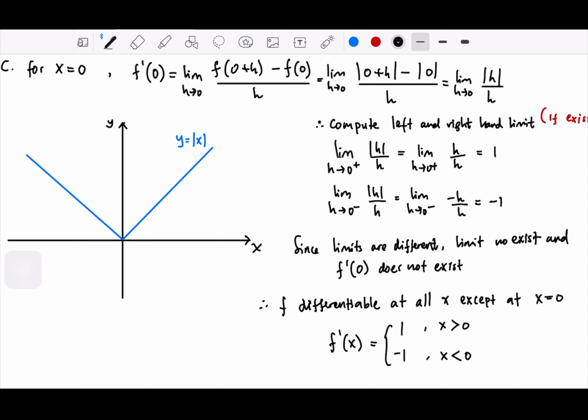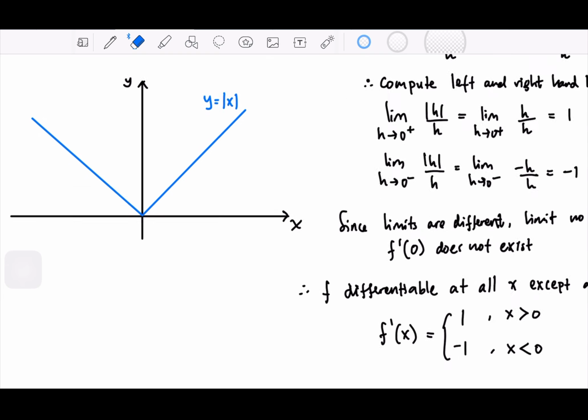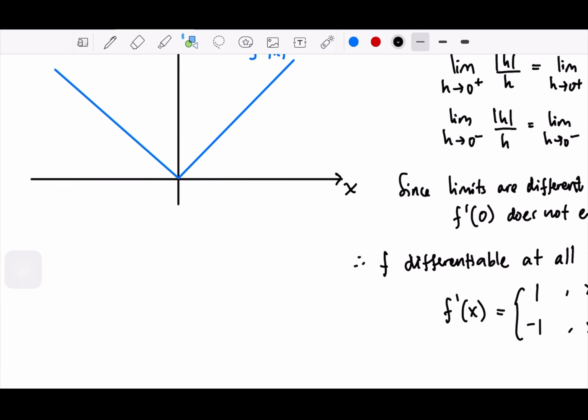And that's why if we try to make the graph of the derivative, if we take this and make the derivative, according to the answer, it should be 1 and -1. So maybe let me draw, but it should have a discontinuity here.